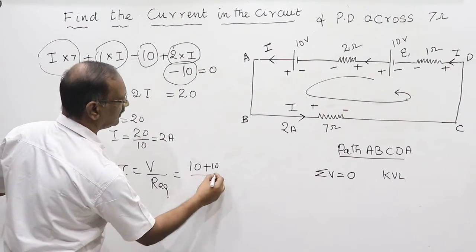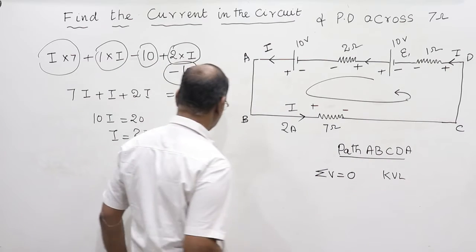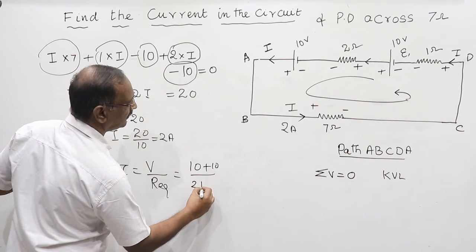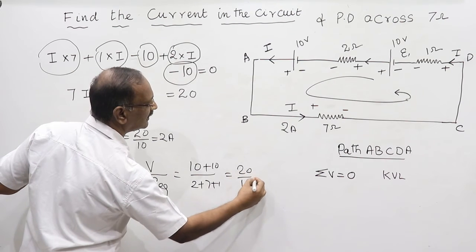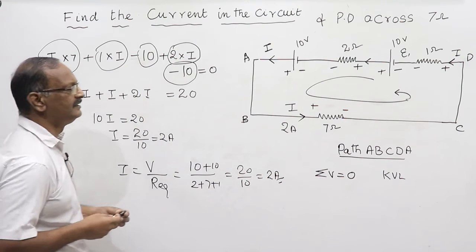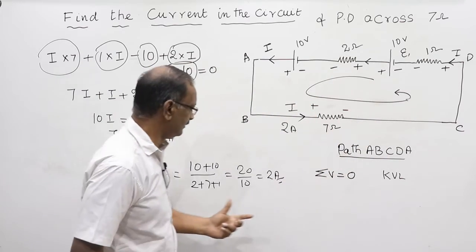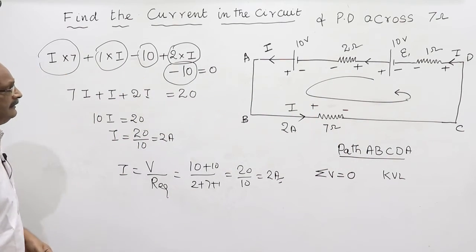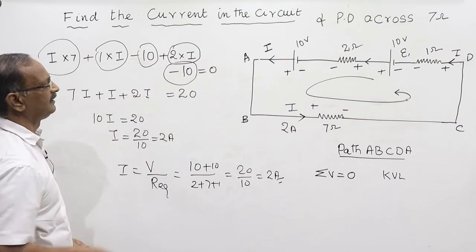All are in series, so 2 plus 7 plus 1 is 10, and 20 divided by 10 is 2 ampere. This problem is easy because there is no branching here, so we can use this method as well as the other. The other was simply to show how to apply KVL.